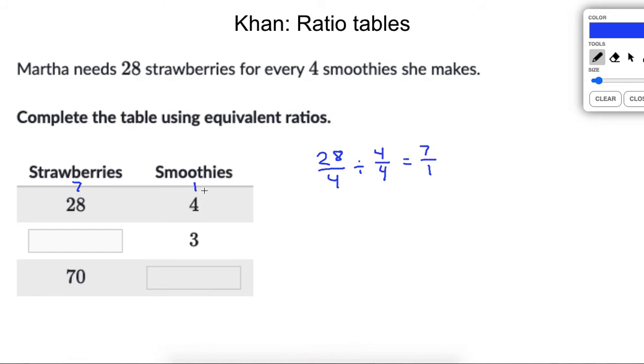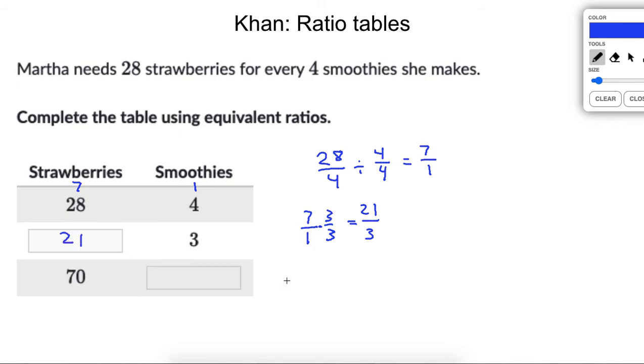And that's pretty easy because if we have 7 to 1, we know we need a 3 over here. We can just multiply by 3 over 3. So that would give us 21, because 1 times 3 is 3, and 7 times 3 is 21.